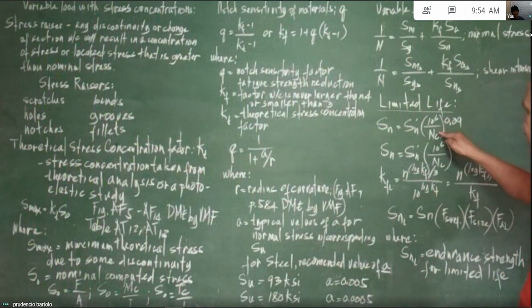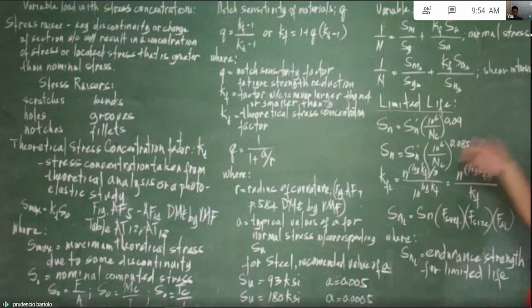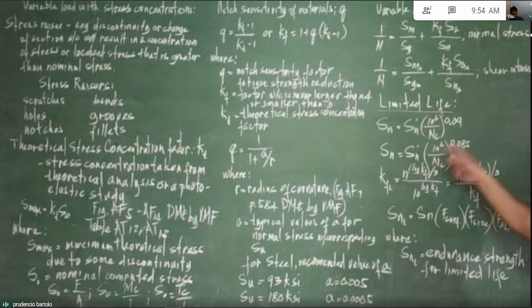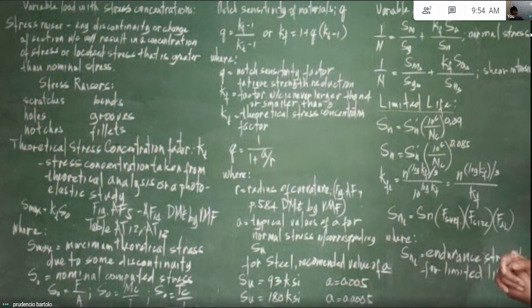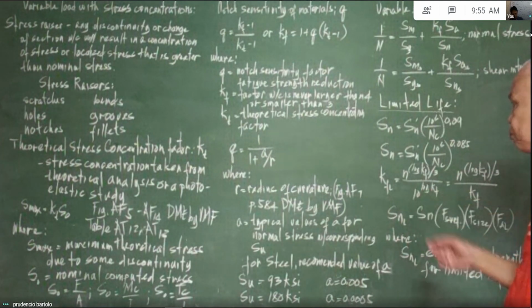Nc in here is the number of cycles, or the limited life. Or that can also sometimes be Sn prime multiplied by the quantity 10 to the 6 all over Nc raised to a power of 0.085, whichever is applicable, for which we will still be considering Kf.